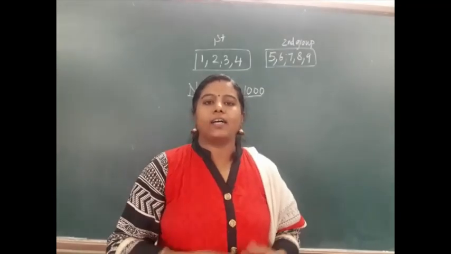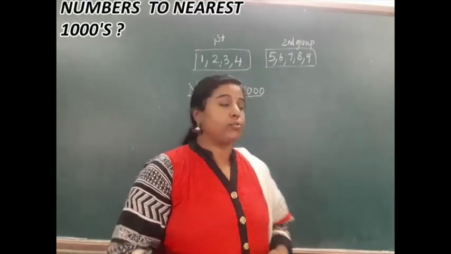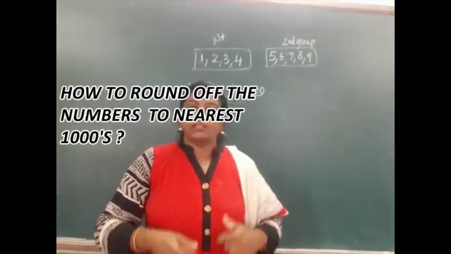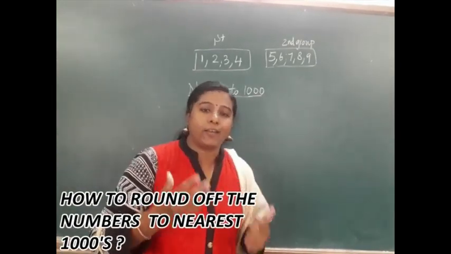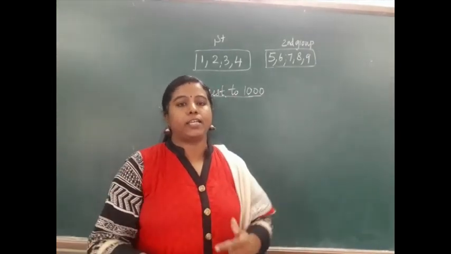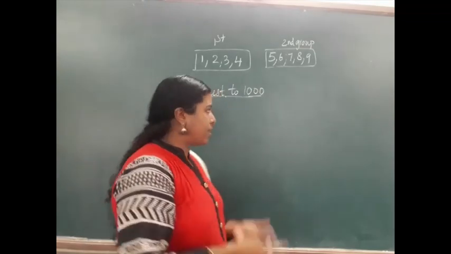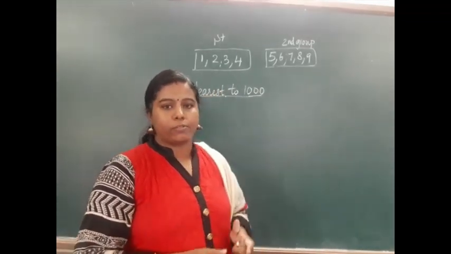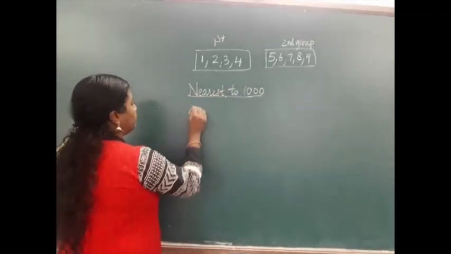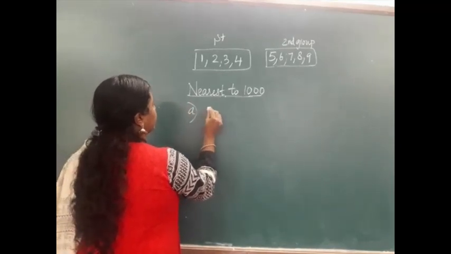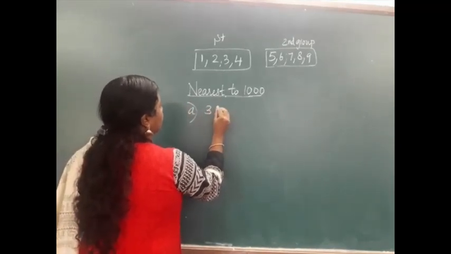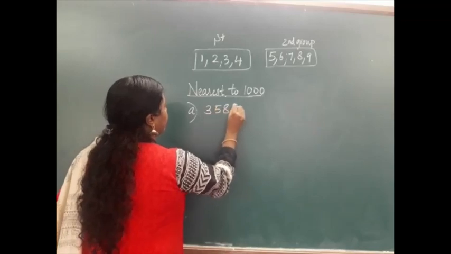Now let's learn how to round the numbers to the nearest 1000. The same steps that we followed in the nearest 10 and nearest 100, the same steps we will follow here also. So look at an example. I have written a number like 3589.